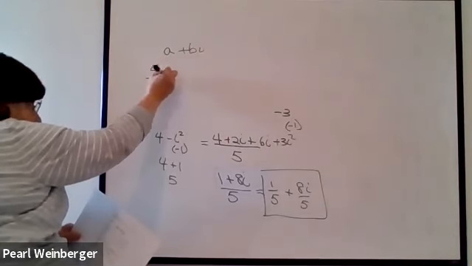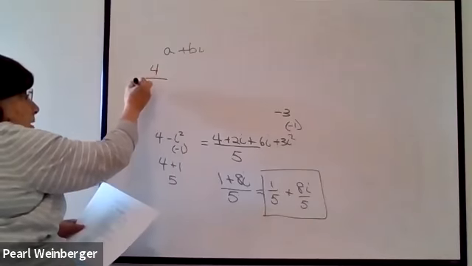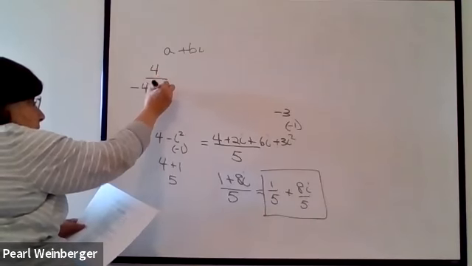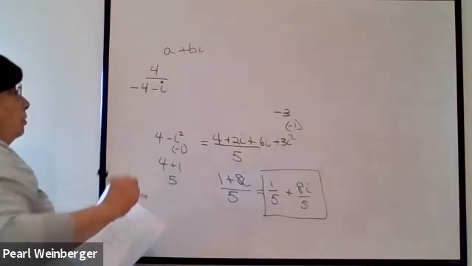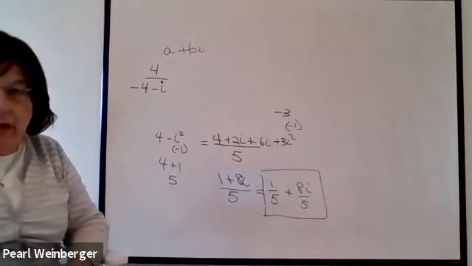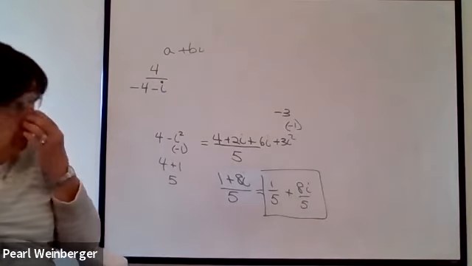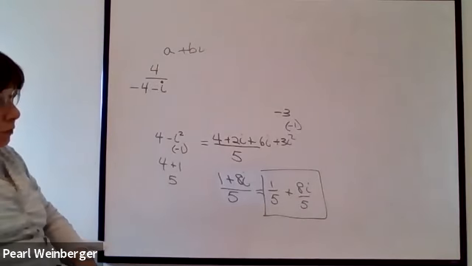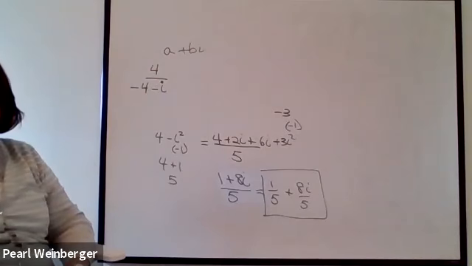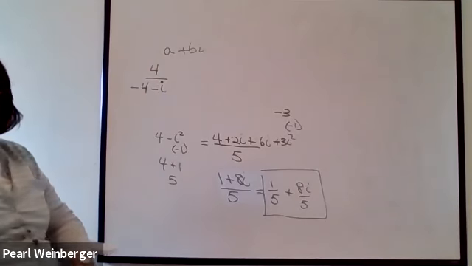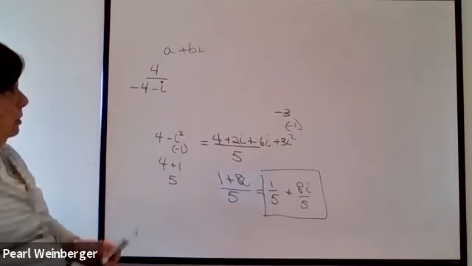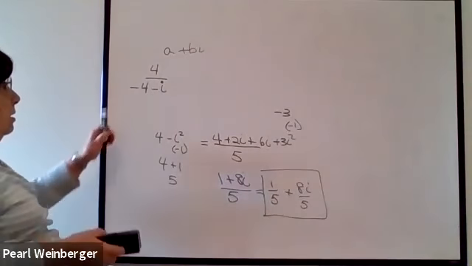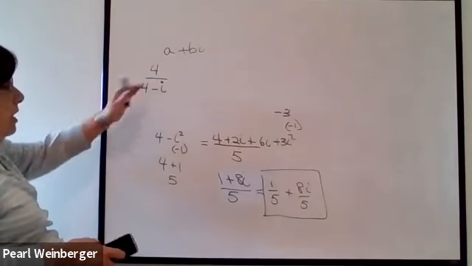It's 4 in the numerator and -4 minus i in the denominator. 4 over -4 minus i. Let's see if you can simplify this fraction.